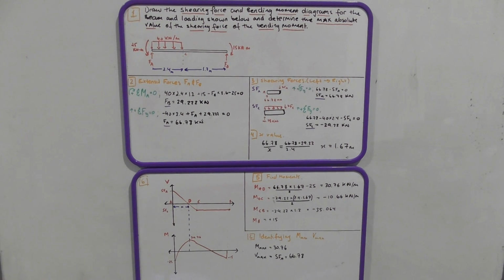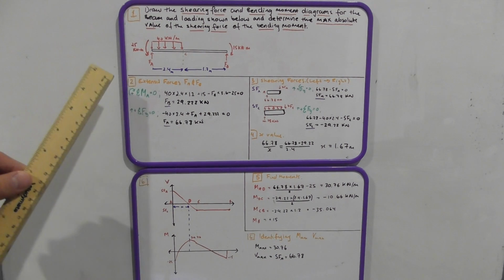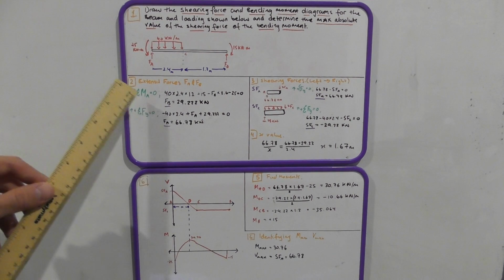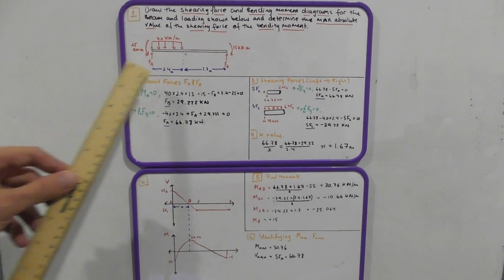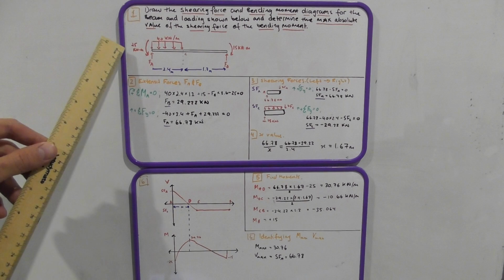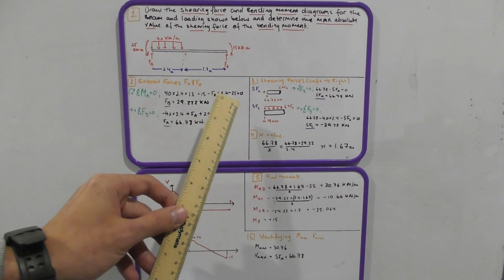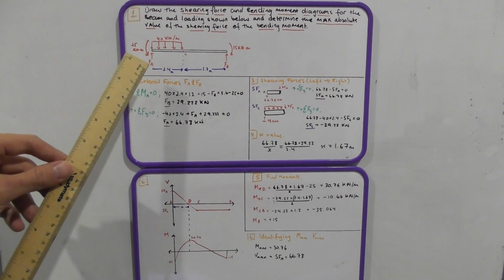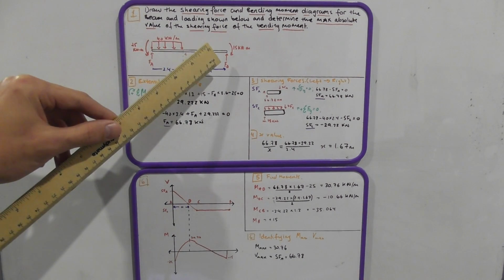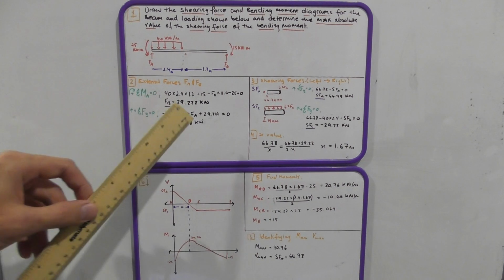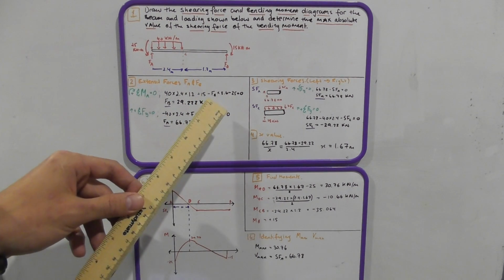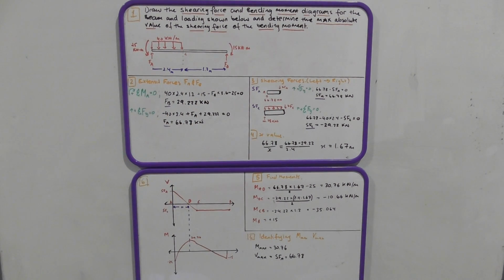Not forgetting to add, since we defined the moment to be positive in that direction, we're adding 15 and then we're taking away 25 because there's a moment at point A. And then because FB is working in the negative direction, we're doing negative FB times 3.6. And that will give us FB of positive 29.222 kilonewtons.